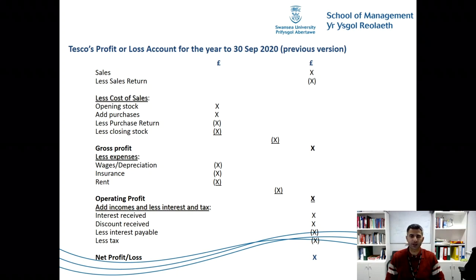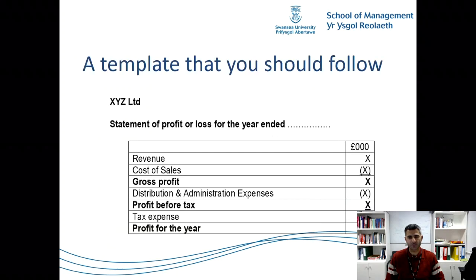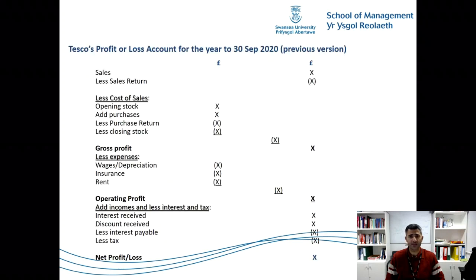If you look at this template, we used to use it previously. That's a previous template, a previous version, but it was changed. What can you see is the main difference between this version and this version? Of course, this version has more details. You start with sales, and if there is any sales return, you deduct it to reach the net sales.